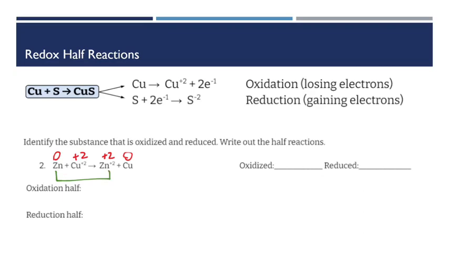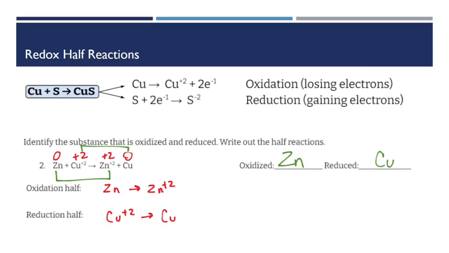And if we track these changes, zinc is going from 0 to +2. It's going up in oxidation number, so that's being oxidized. And our copper is going down from +2 to 0, so that is being reduced. Always good to double check that, but once we knew zinc was being oxidized, copper was probably being reduced. So we're going to pull all of that zinc stuff out into our oxidation half reaction, and all of that copper stuff out into our reduction half reaction.